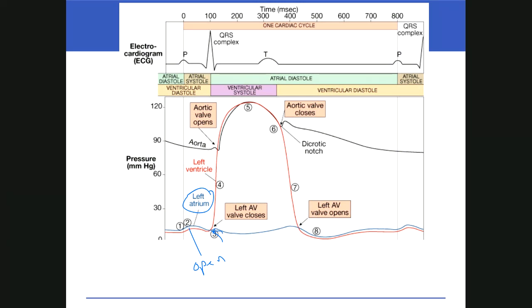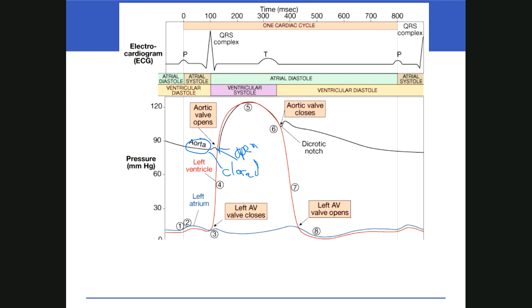The ventricle. As soon as that happens, the valve is going to close. Look here, who has more pressure, the aorta or the ventricle? The aorta has more pressure. So here the valve is closed. But look what happens right there where the lines cross. Now who has more pressure? And so that's where the valve is going to open.